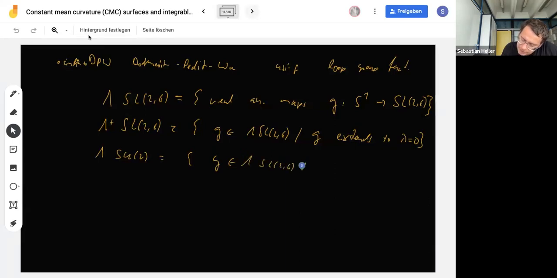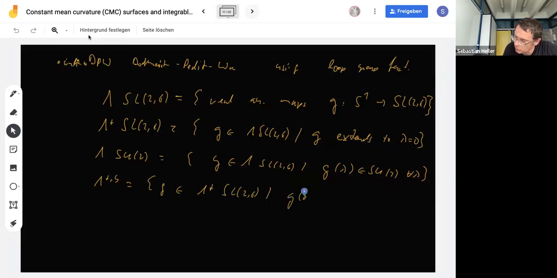So G of lambda is in SU2 for all lambda. And then there's some kind of subgroup, denoted by lambda plus B, which is a subgroup of the positive loop group given by the property that G of 0 is an upper triangular matrix with real entries. So R stands for a real number or a positive real number.